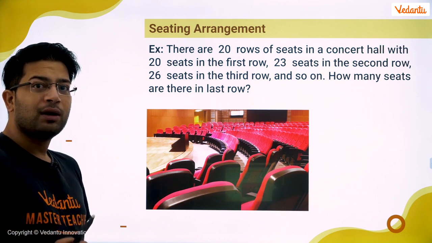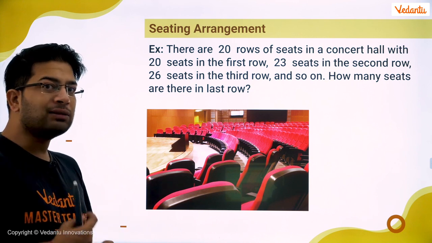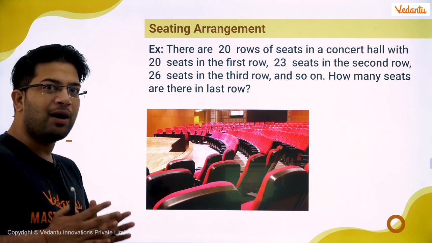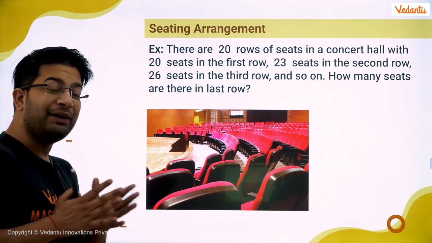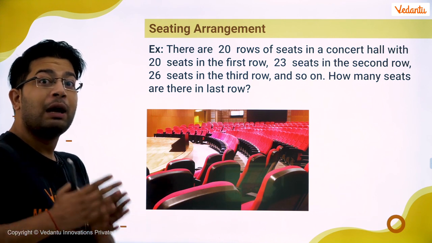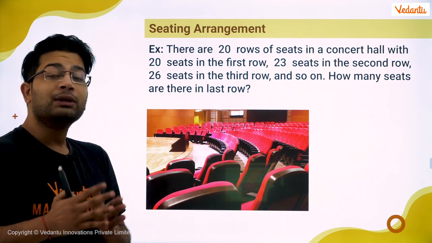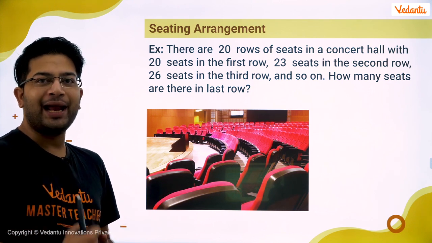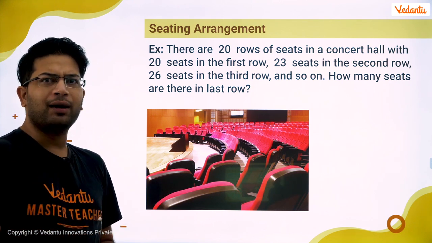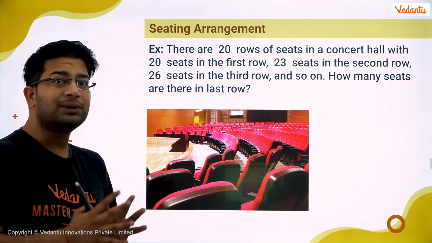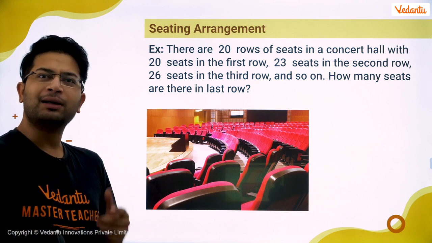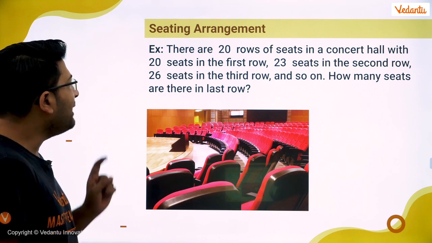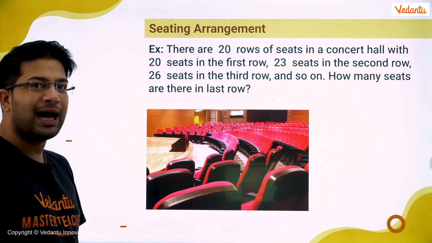In each row, the number of seats is getting increased by 3. That means the difference of seats between two consecutive rows is 3, so the common difference between two consecutive terms is always the same, equal to 3. Arithmetic progression, right?